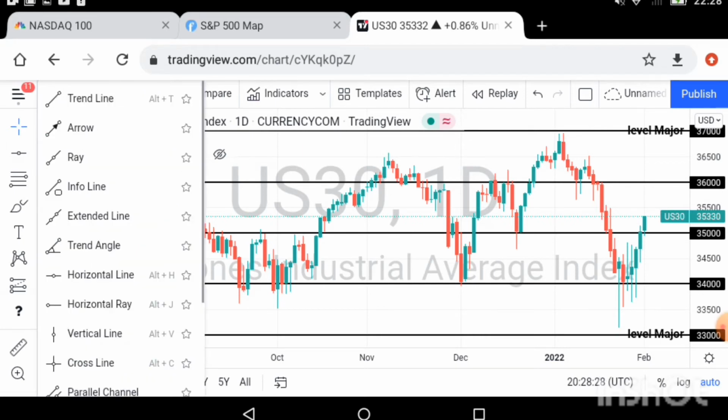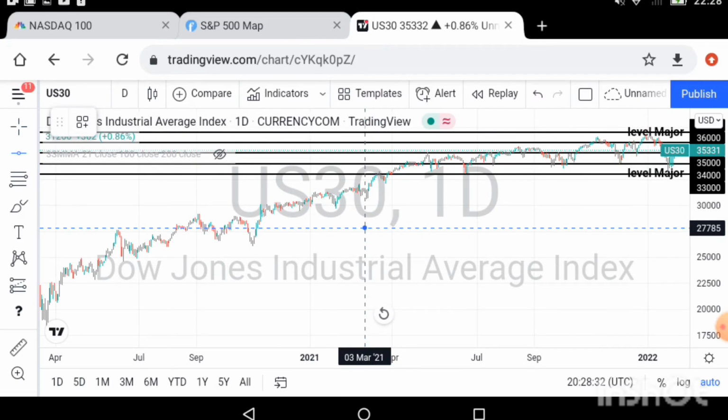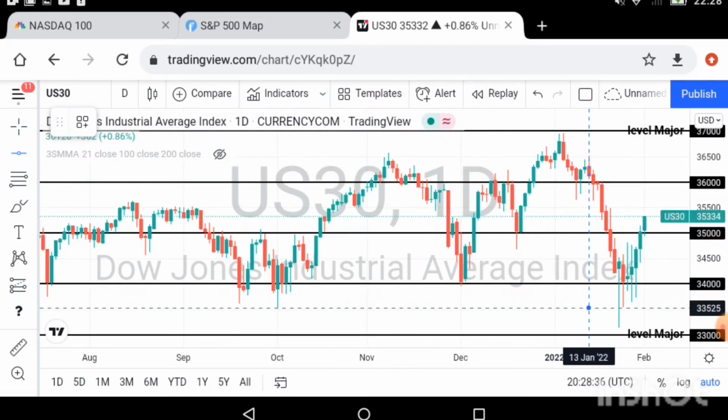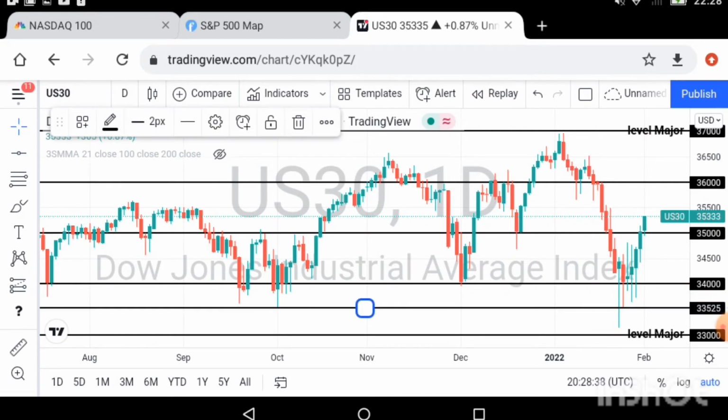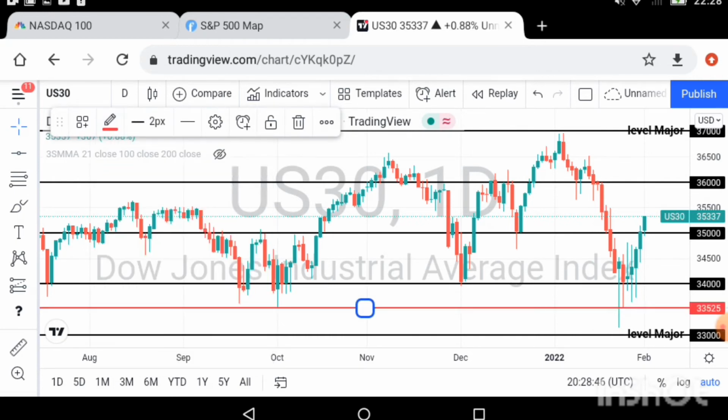Let's see if I'm correct as well. Okay, it's 33,500. Then we're going to change the color. Let's make it red. These are the halves.